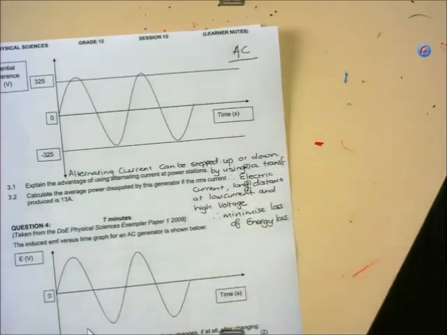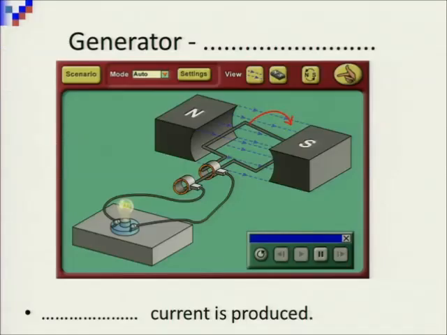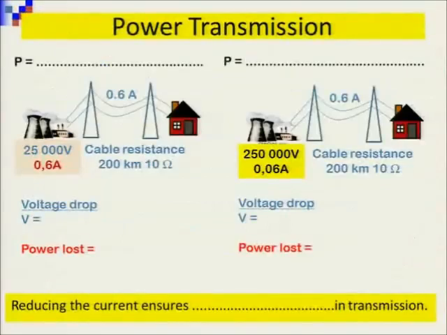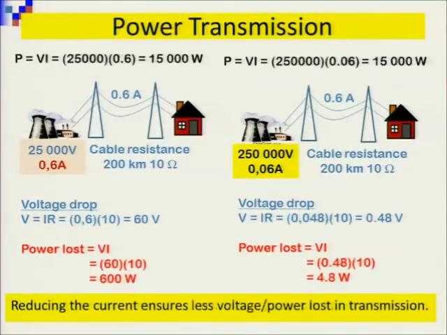Right, I'm quickly going to go back to the PowerPoint that I did and just show you there. Remember, right at the end here, I showed you that the minute we increase the voltage, we lose less power.